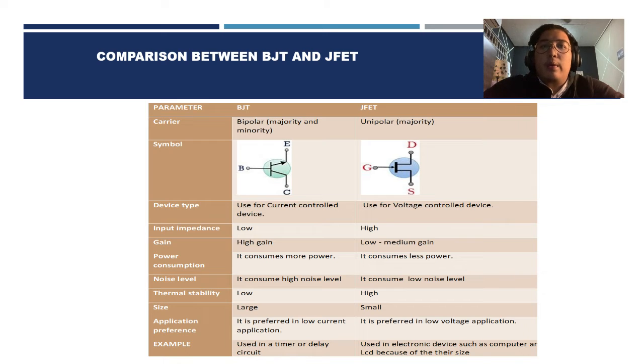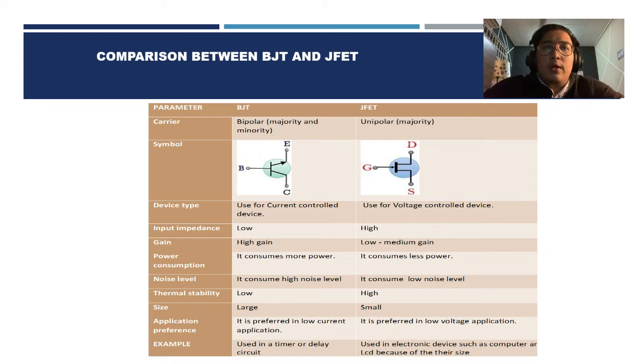Today I will tell about the comparison of BJT and JFET. For the carrier, BJT is bipolar and JFET is unipolar. For the symbol, you can see the diagram for BJT and JFET.